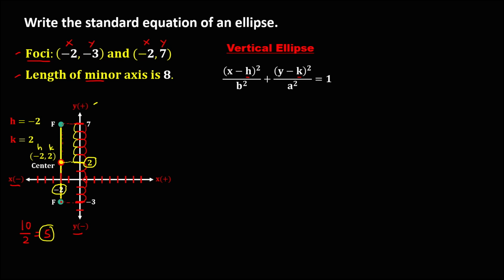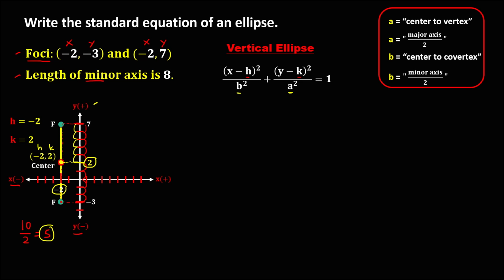Then this time, we need to find the values for b and a. So using these formulas to solve for a and b. From this formula for a, center to vertex, since from the given there is no vertex, therefore we cannot use this formula to solve for a.